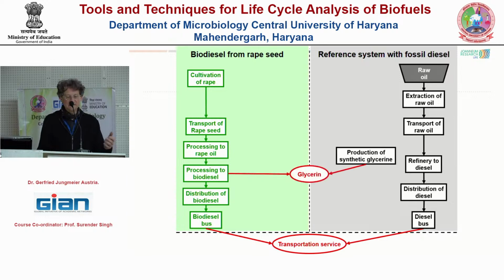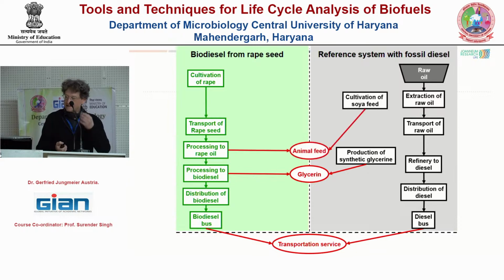But then we have the glycerin as a byproduct. The reference case is you can make synthetic glycerin out of natural gas. This is the biggest commercial way because we have quite a high demand for glycerin, and that can be made also from natural gas. But if you make it from biodiesel, of course, you avoid the emissions of making glycerin from natural gas.